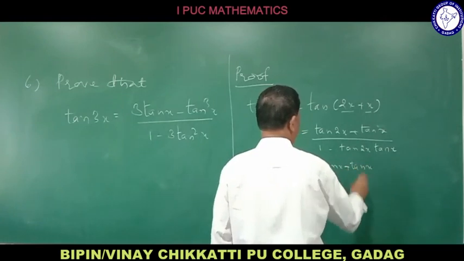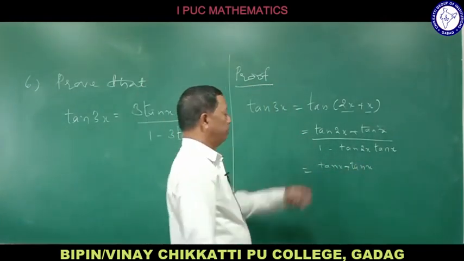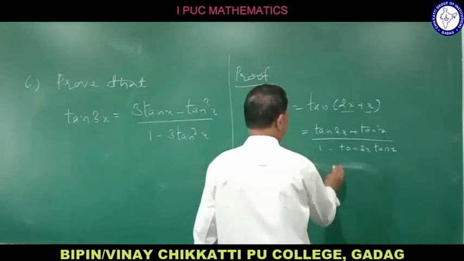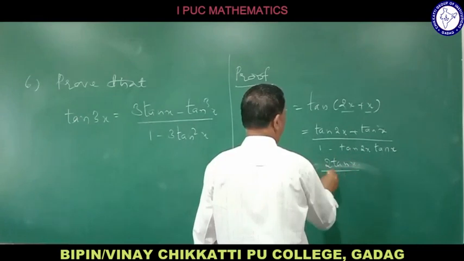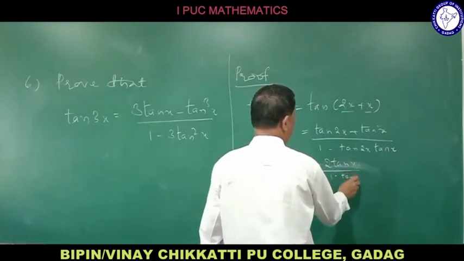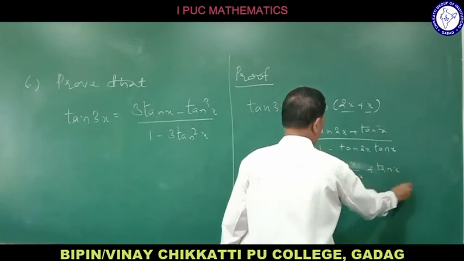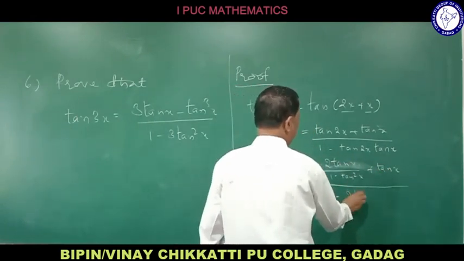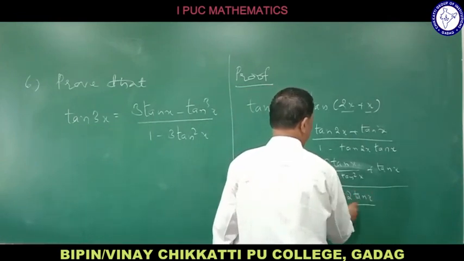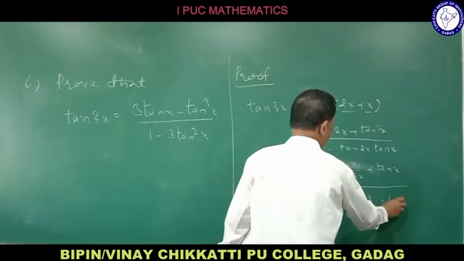tan x. Here you can write the formula directly: 2 tan x divided by 1 minus tan square x, plus tan x, divided by 1 minus 2 tan x divided by 1 minus tan square x into tan x.